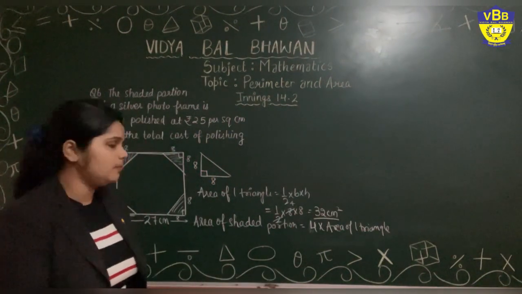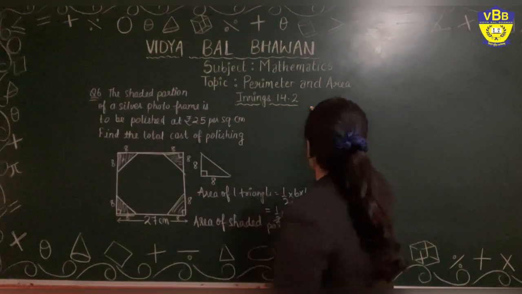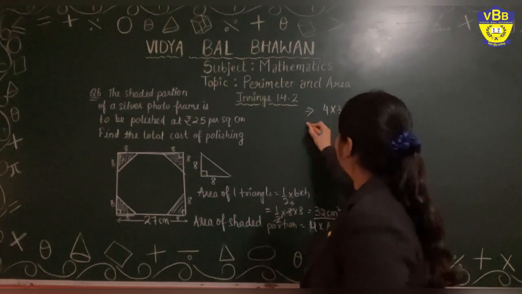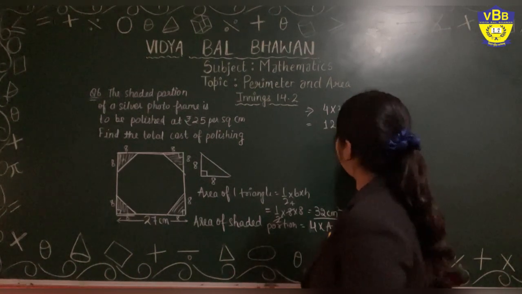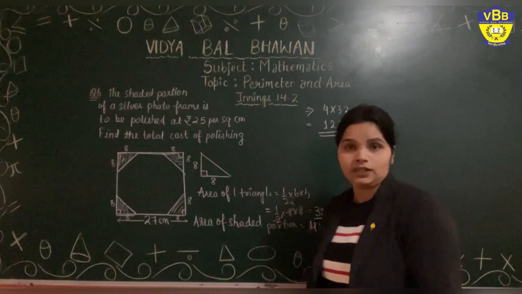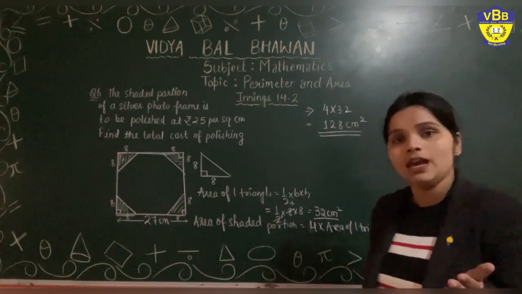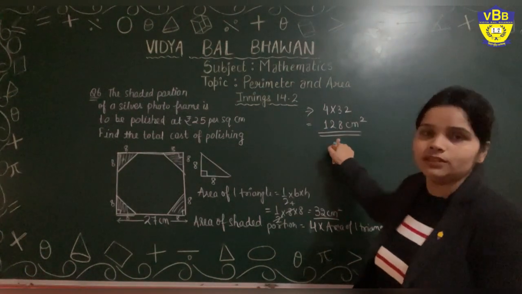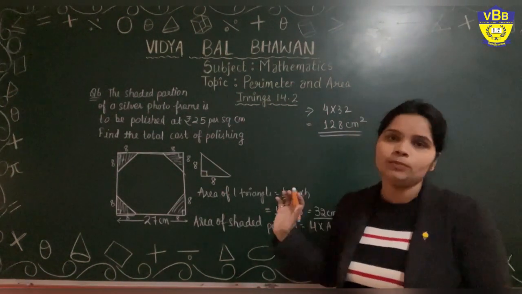I will multiply it by 4. That is, area of shaded portion will be 4 multiply 32. That gives you 128 centimeters square. From this answer, we get to know how much area has to be polished. 128 centimeters square is the area which has to be polished.